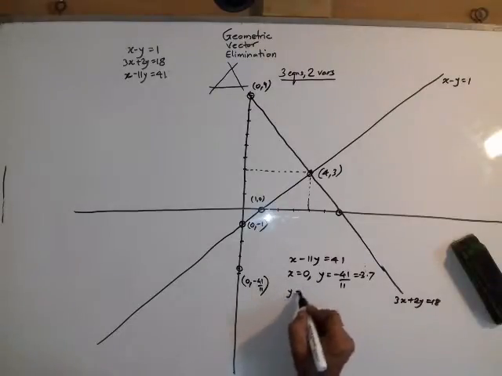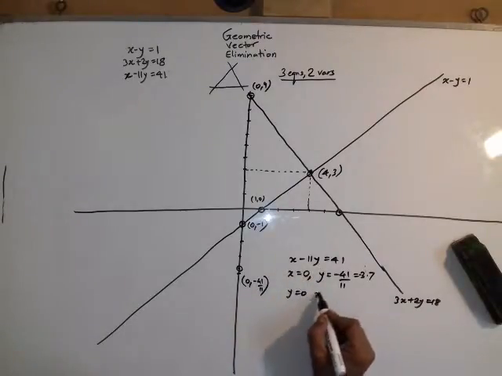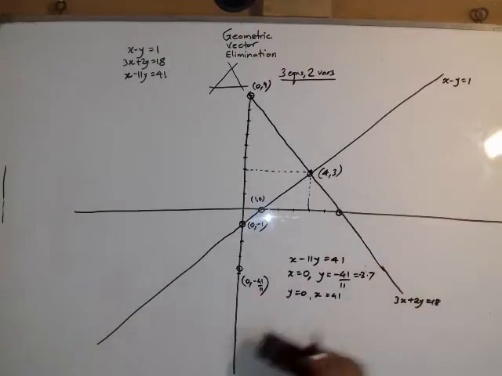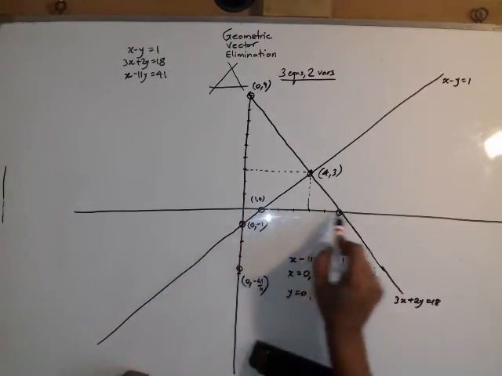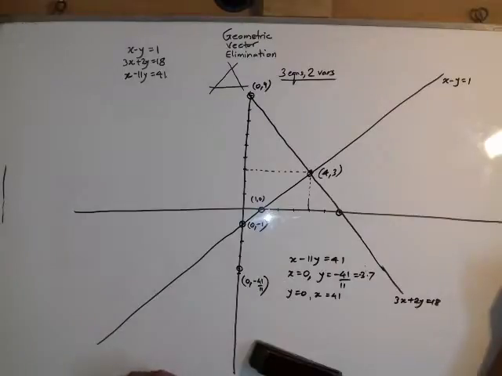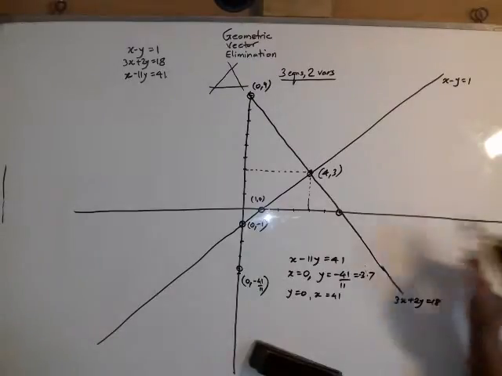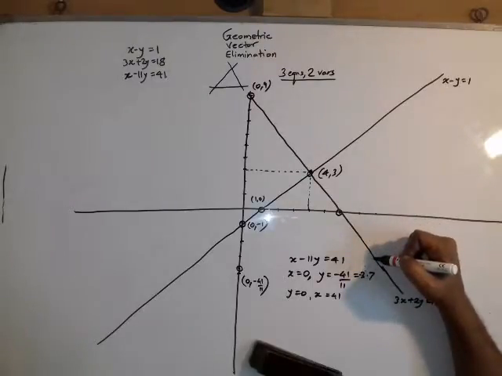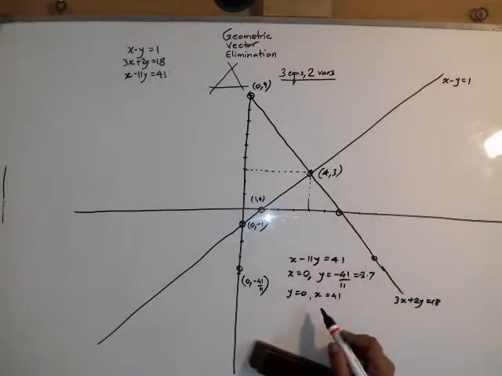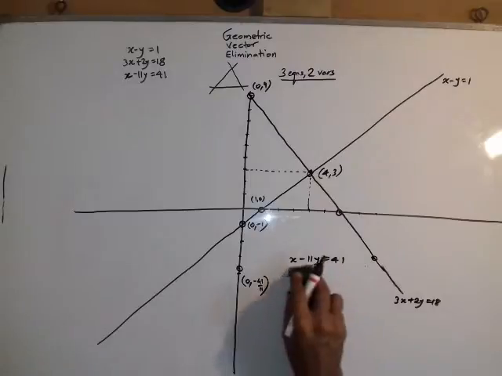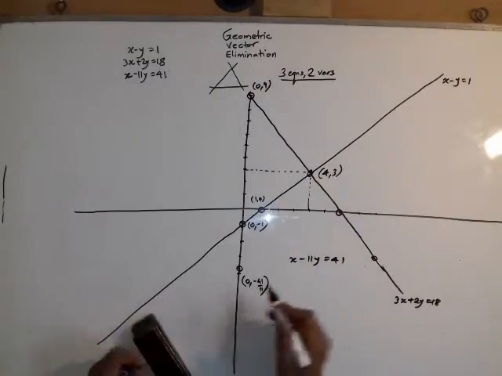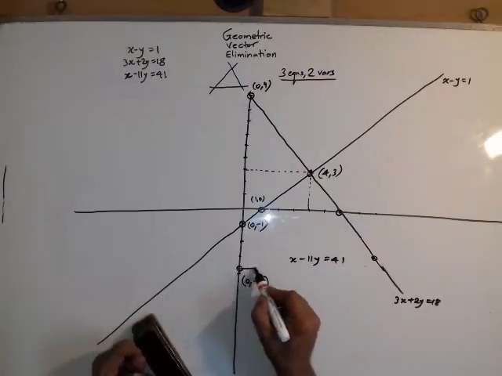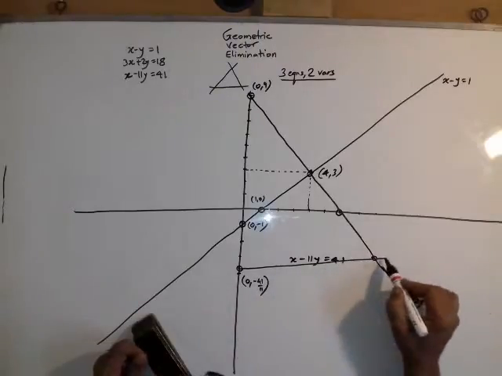When y is equal to 0, x is equal to 41, and that will go a long way along the x-axis, and hence this line is going to look somewhat like this.